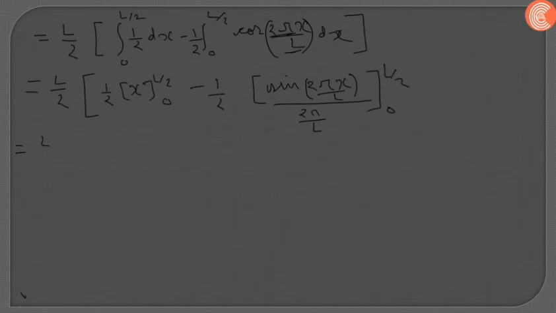If we solve further, and put x equals L by 2 and x equals 0, then it becomes like this, and half.